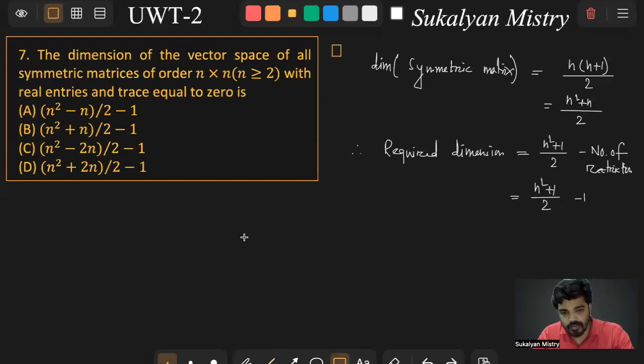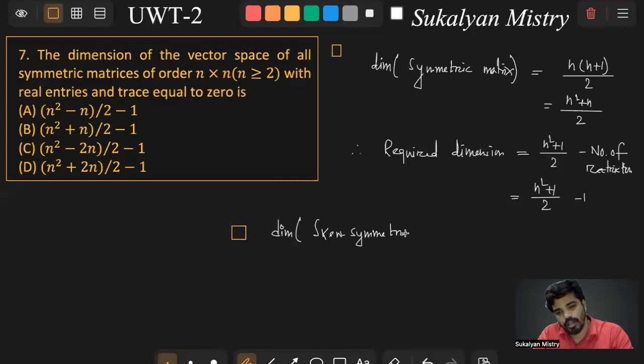Dimension of skew symmetric matrix is n into n minus 1 divided by 2. Okay, so here which option is correct? So option B is the correct answer.